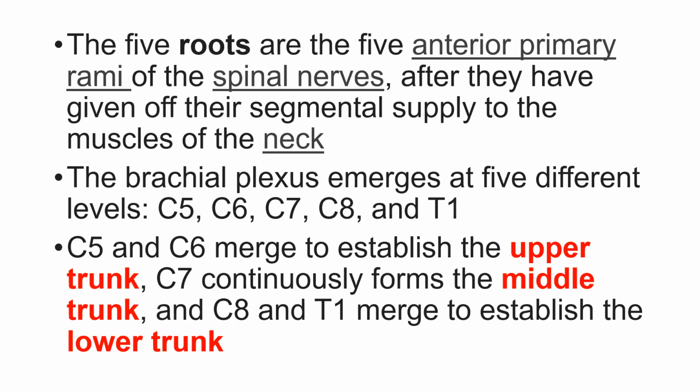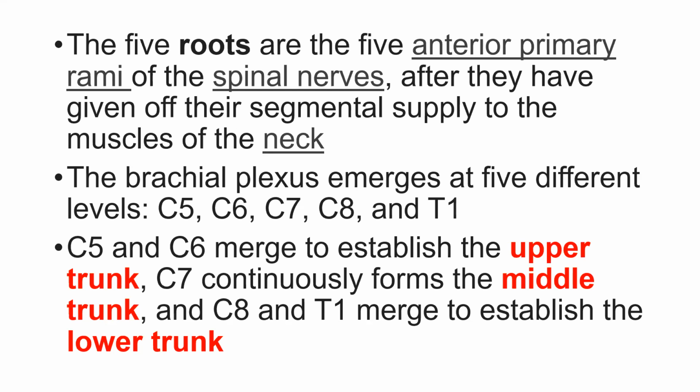C5 and C6 merge to establish the upper trunk. C7, the middle trunk. C8 and T1 merge to establish the lower trunk. It's very easy. Think about it. C5, 6, upper trunk.